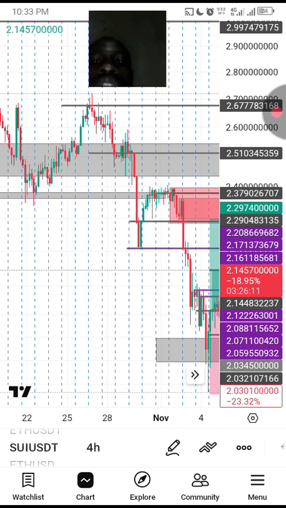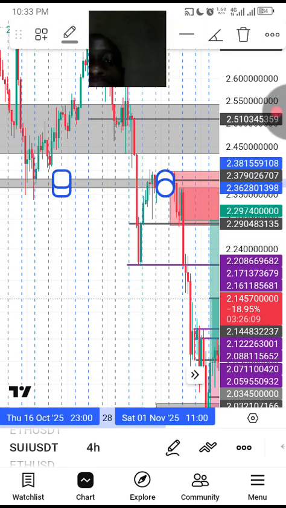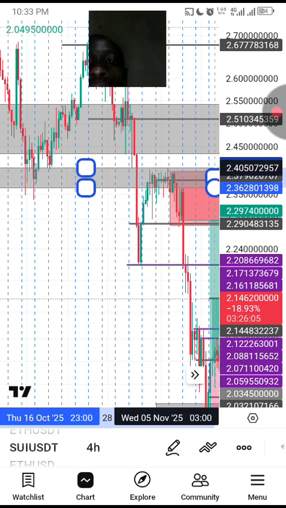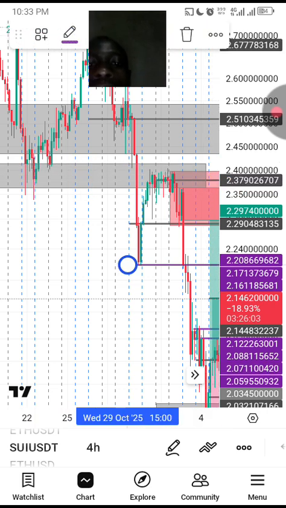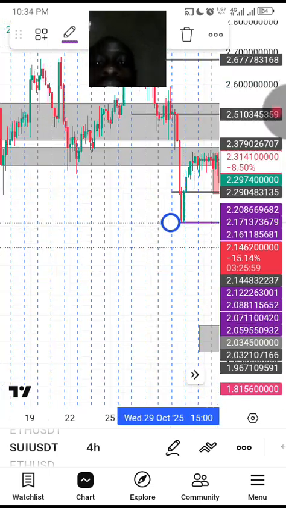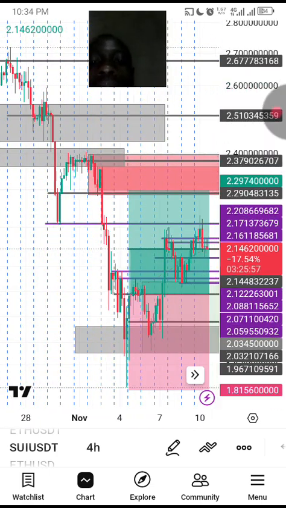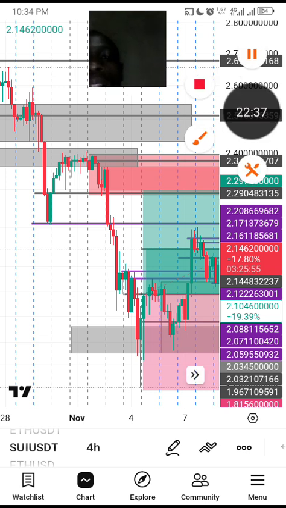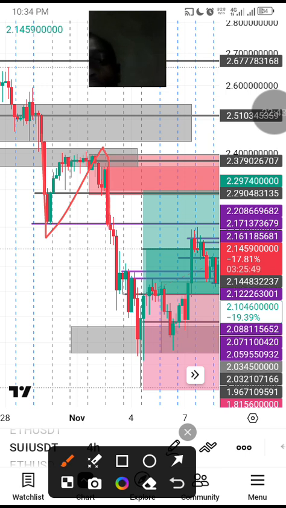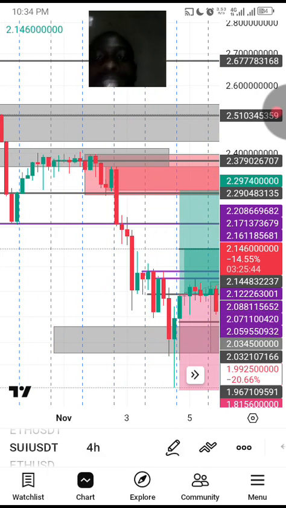Again, you can see the zone shifted. After the zone has shifted, look, we came to test that zone. After testing, we broke the structure, then we go. Yes, that's how we enter.